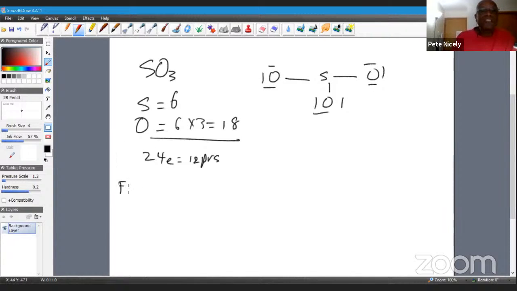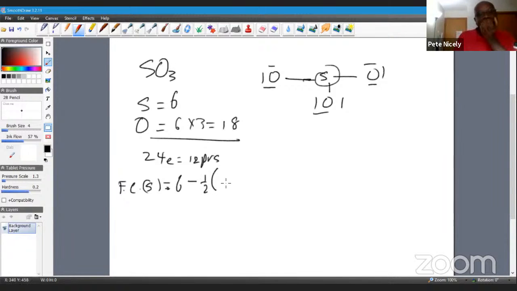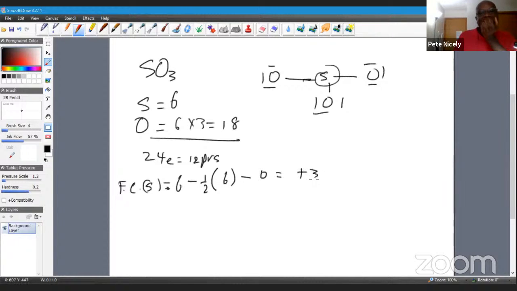Then we calculate the formal charges. For sulfur, how do we calculate the formal charge for the sulfur atom here? 6 minus half of 6, minus 0, exactly. So this gives you +3, all right?